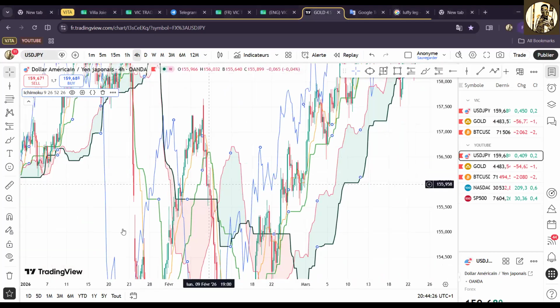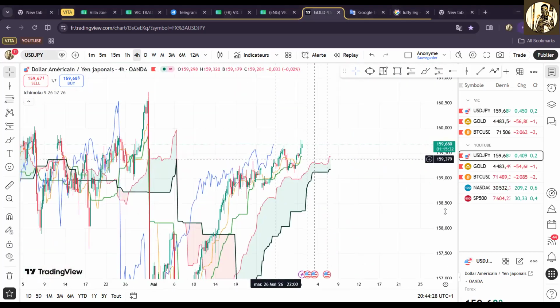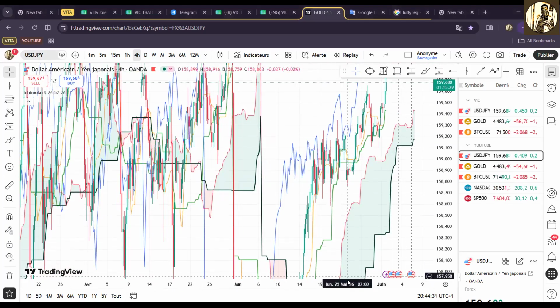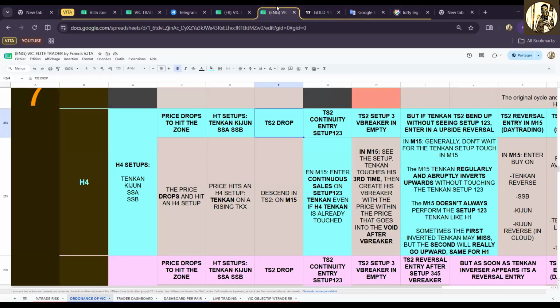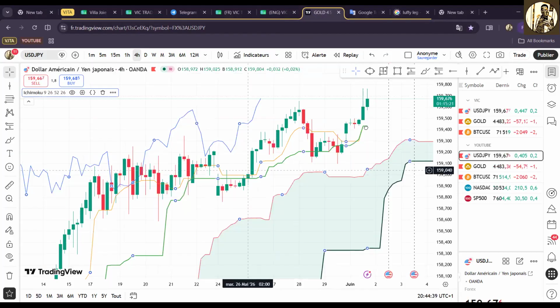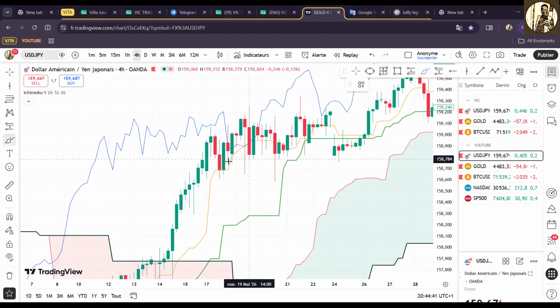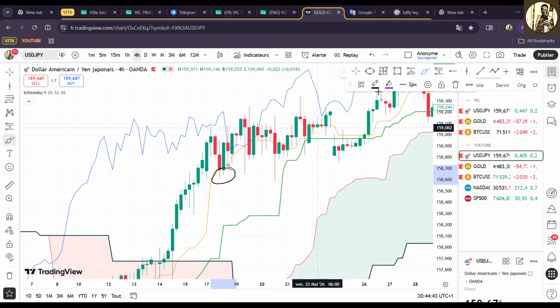So let's go on H4, for example, and look at the price dropping. The price drops on the Tenkan setup. This is the Tenkan setup where the price dropped down on.